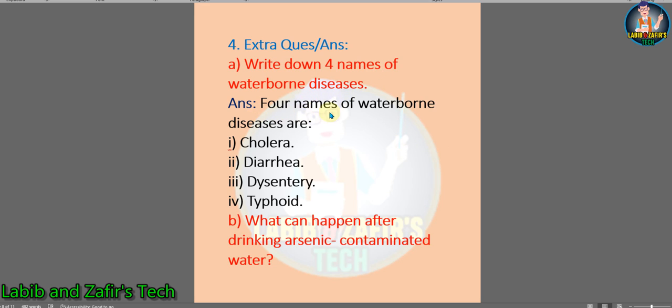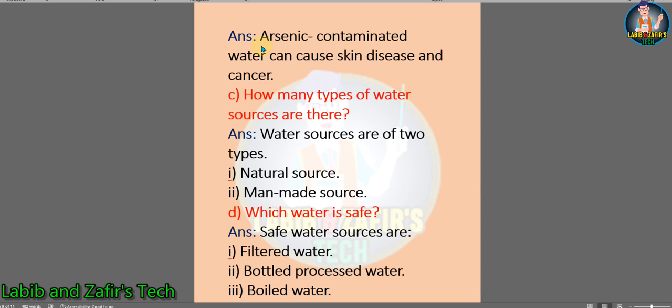Answer: 4 names of waterborne diseases are: number 1, cholera; number 2, diarrhea; number 3, dysentery; number 4, typhoid. Now the second question. What can happen after drinking arsenic contaminated water? Answer: arsenic contaminated water can cause skin disease and cancer.